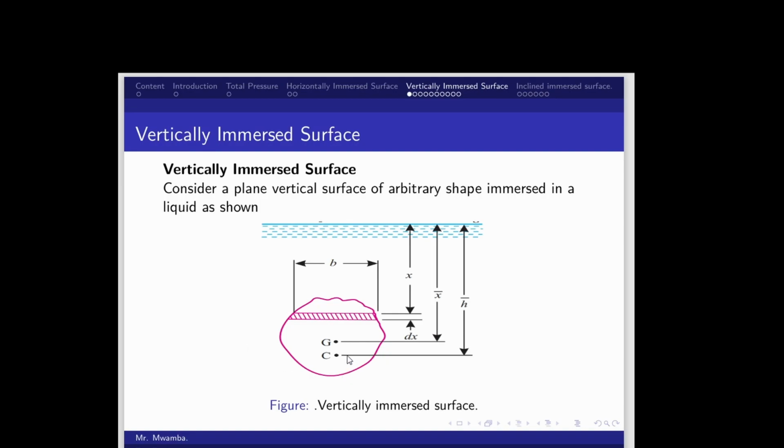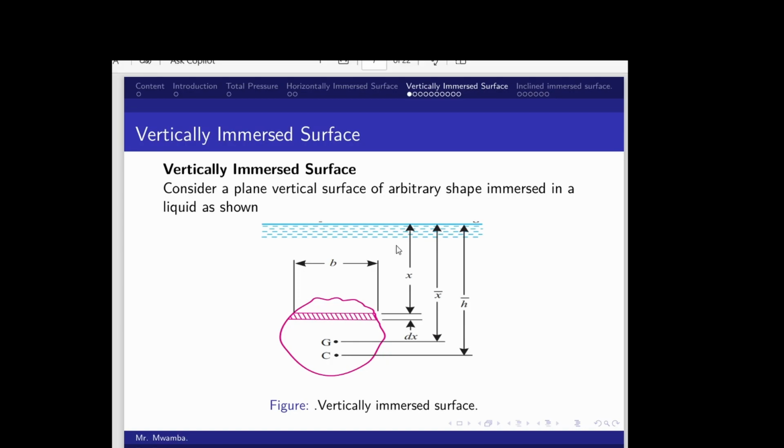Point C is the center of pressure, the point where the liquid is going to exert its pressure. It is actually below the center of gravity. And from this point to the surface of the water, we have the height h bar.